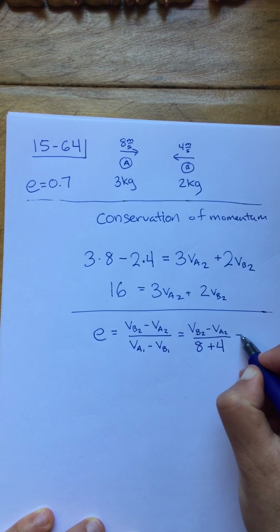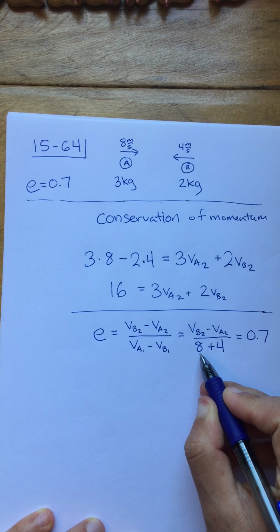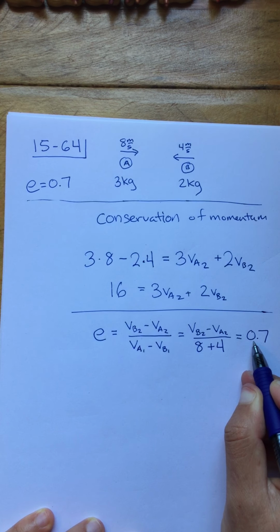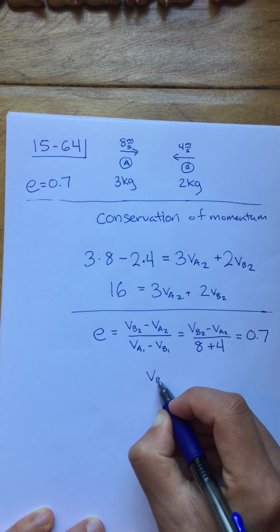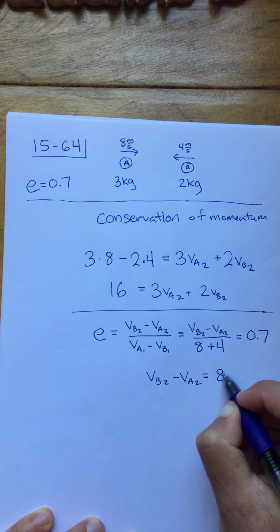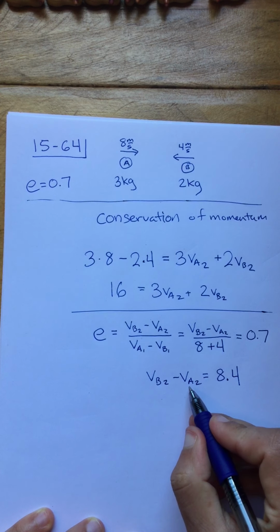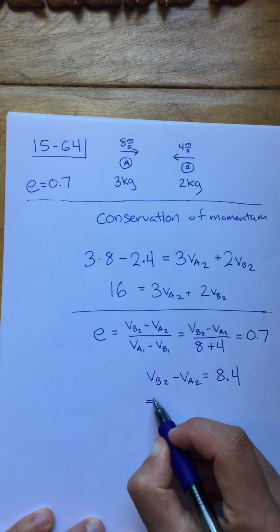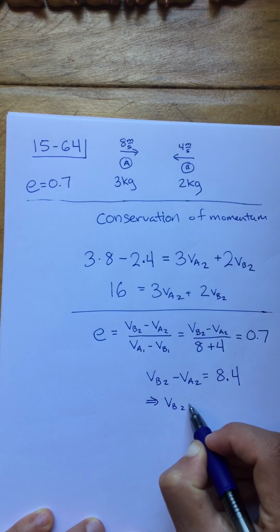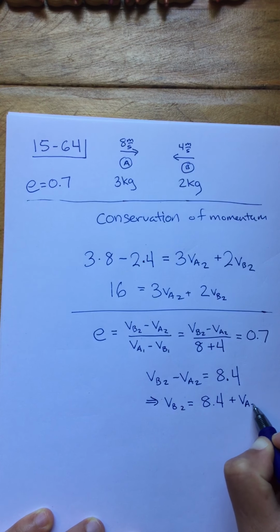And my coefficient of restitution is 0.7. 8 plus 4 is 12, times 0.7 gives me 8.4, so VB2 minus VA2 is 8.4. And I will take this and solve it for VB2. So I have VB2 is equal to 8.4 plus VA2.